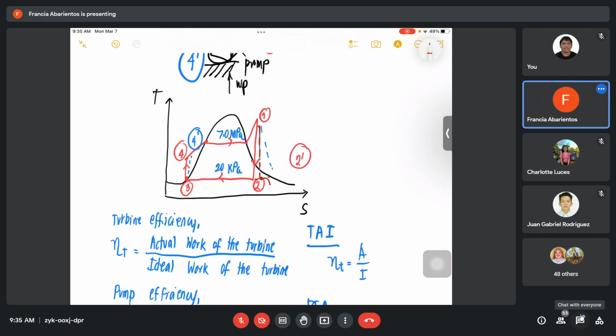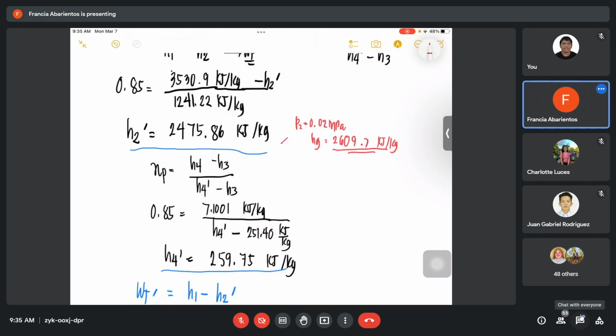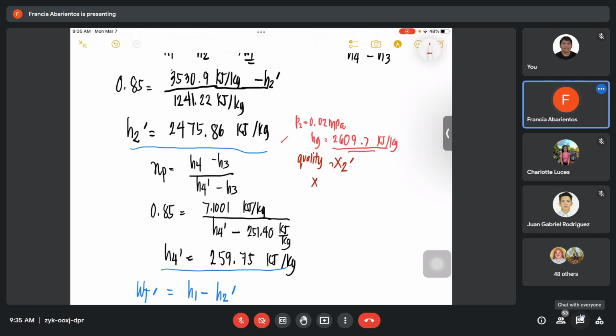What if I ask you for the quality at this point? How do you solve for the quality x2 prime? Go back: H2 prime is equal to HF2 plus the quality at point 2 times HFG2.